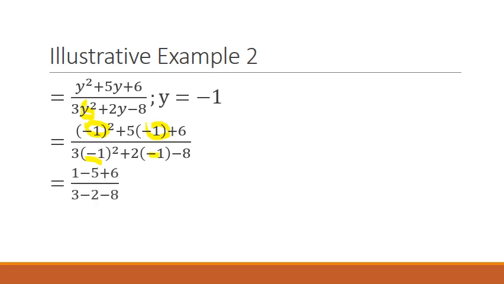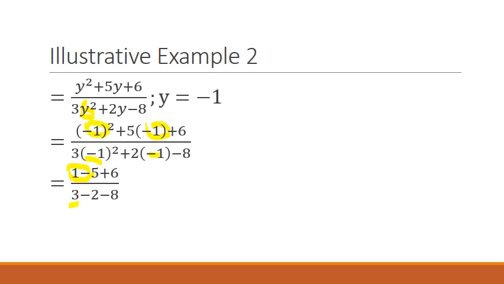Simplifying, we have negative 1 multiplied by negative 1 is 1. Here, 1. 5 multiplied by negative 1 is negative 5, and plus 6. Multiplied all over 3, which is negative 1 squared, that is 1 multiplied by 3, which is 3.